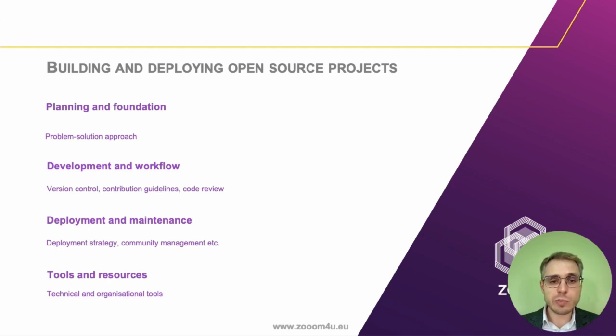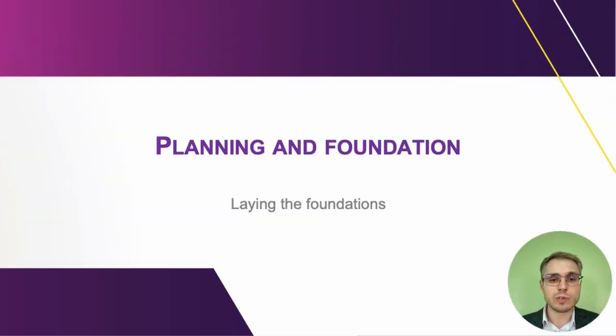Then at the stage of deployment and maintenance, you must have a strong development strategy, community management approaches, and so on and so forth. And then finally, we're going to be discussing some of the tools, both technical and organizational, that are essential when building and deploying open source projects.